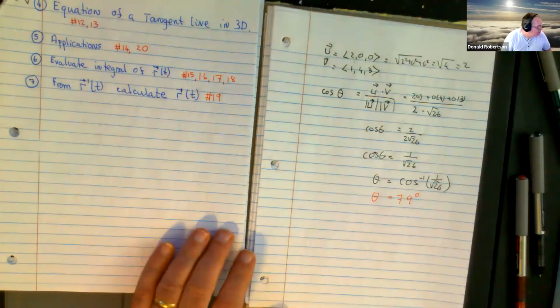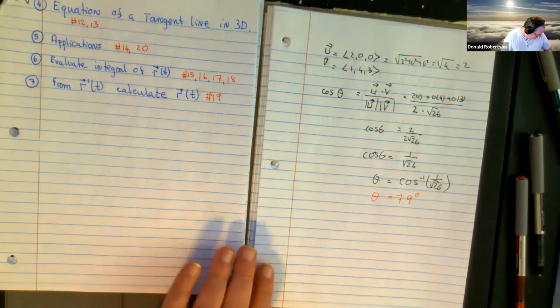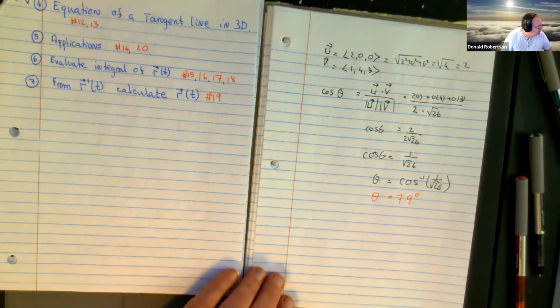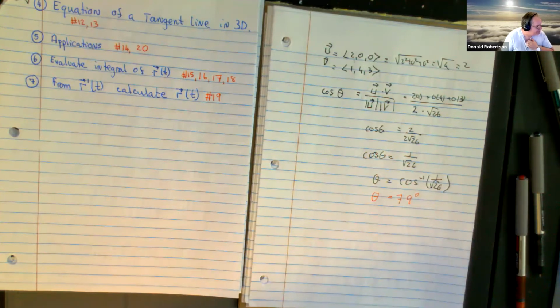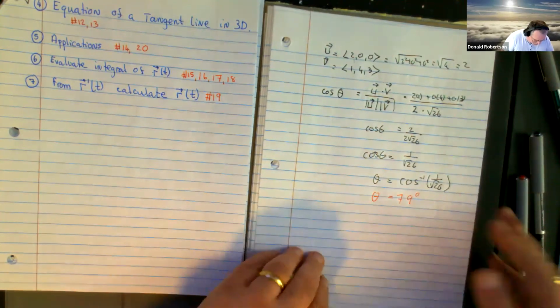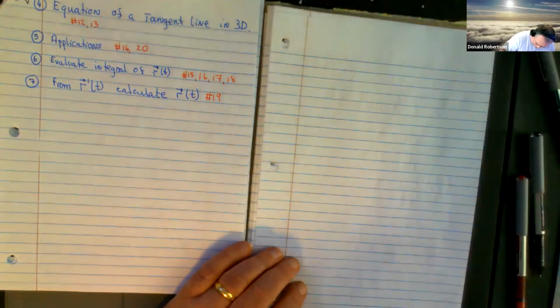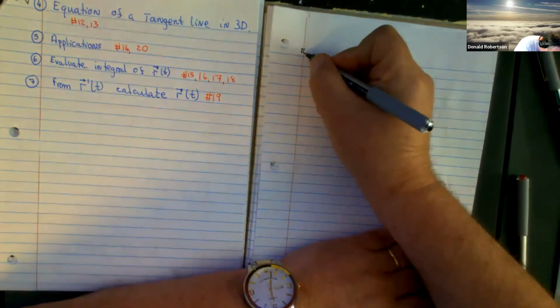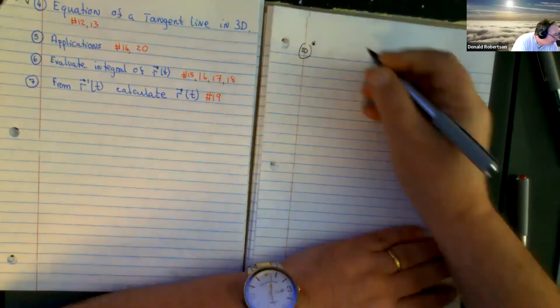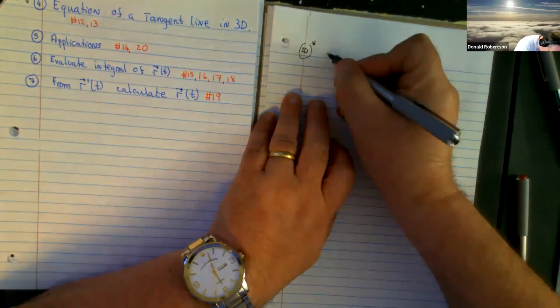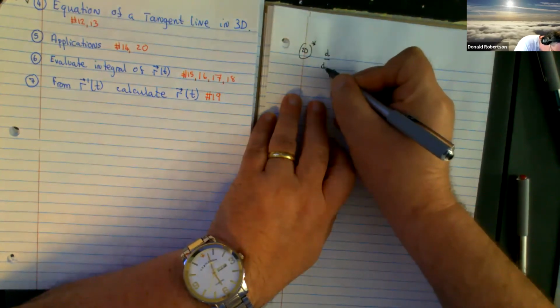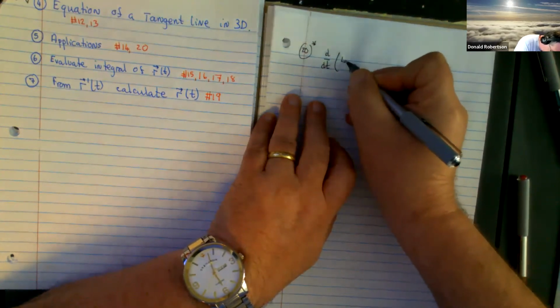And then you have another one at 20. Might as well do that one. I'll just do it with different expressions. In question 20, you are told the derivative of a dot product.